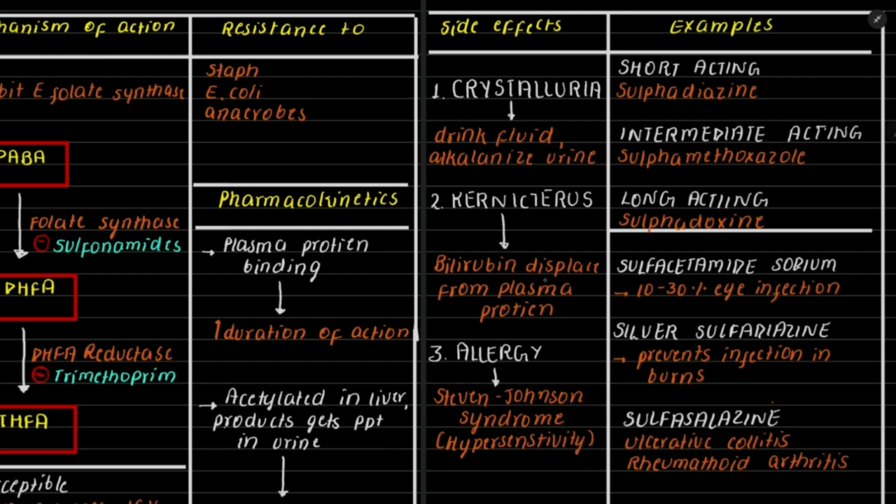As bilirubin was already bound to plasma protein and we have introduced a new drug, that is sulfonamide, in the body, bilirubin will get displaced from the plasma protein, its numbers will increase in the blood, and finally it will cross the blood-brain barrier and cause kernicterus. This is how kernicterus comes into place.